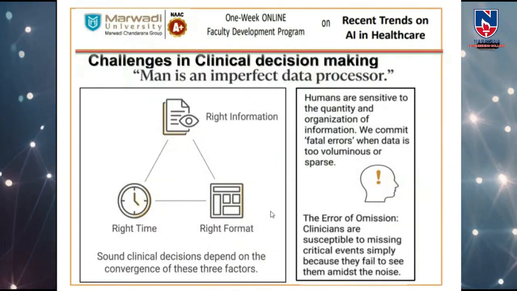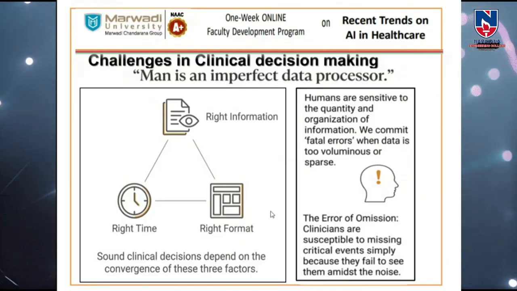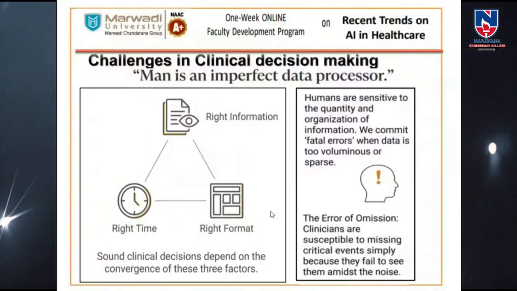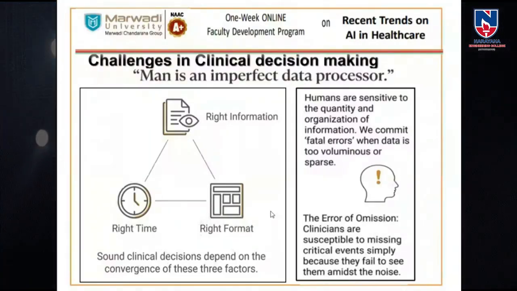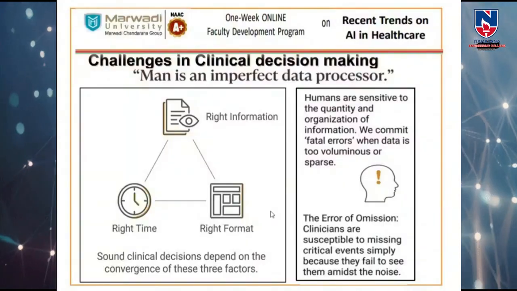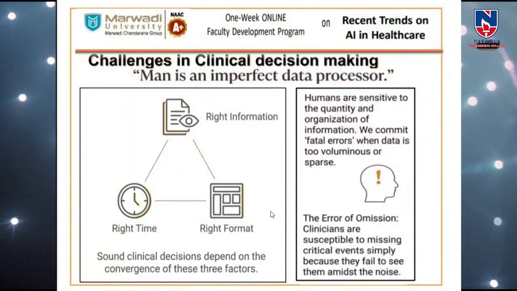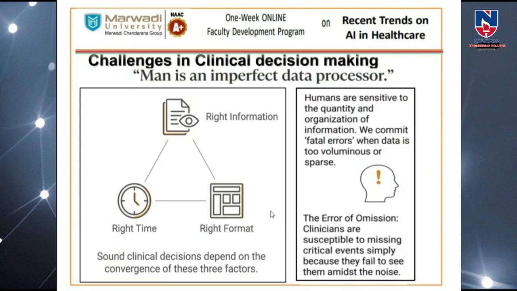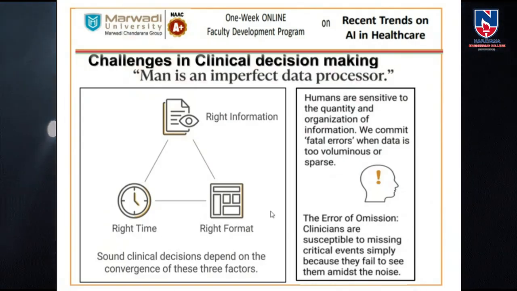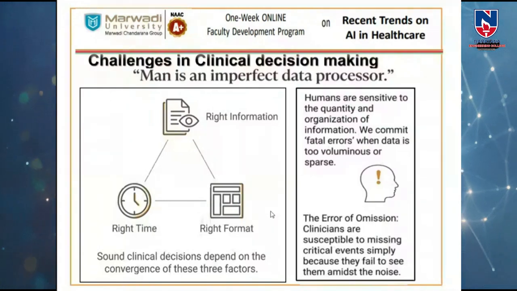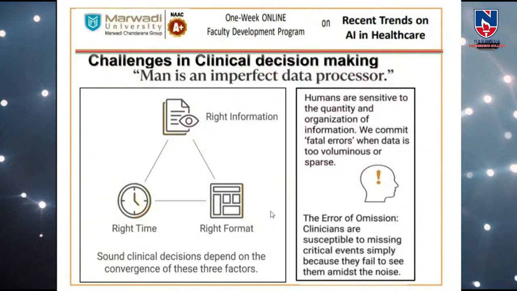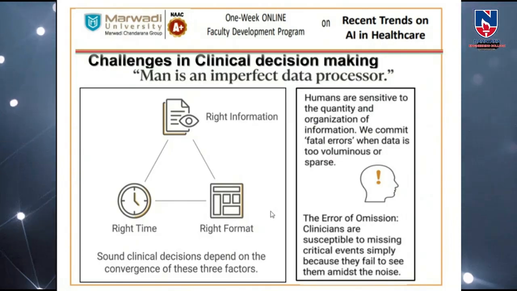Right. Yes, there are a lot of doctors available. That means the radiologist gives the report to the doctor, and the doctor will take the decision. There is a lot of impact of the radiologist as well as the doctor while making a clinical decision. However, as human beings, as I mentioned, there are a lot of limitations. That's why I mentioned the statement here: man is an imperfect data processor.